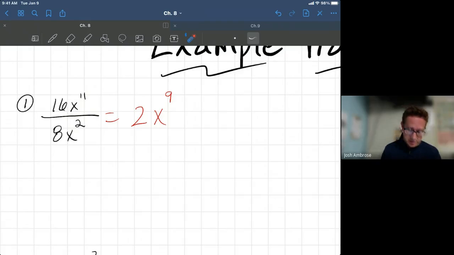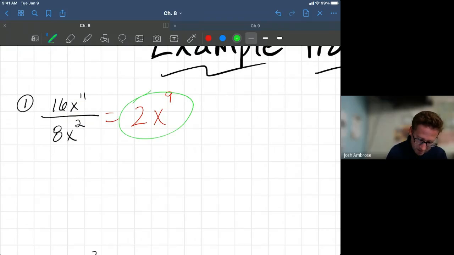Use subtraction. 11 minus 2, boom, there's 9. So again, separate it. 16 divided by 8 is 2. Same base, both are x. Subtract and get 9. That's what we're looking at there.